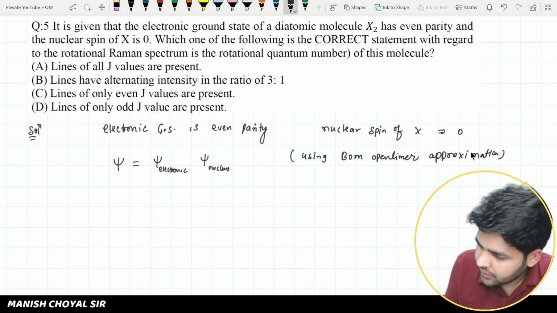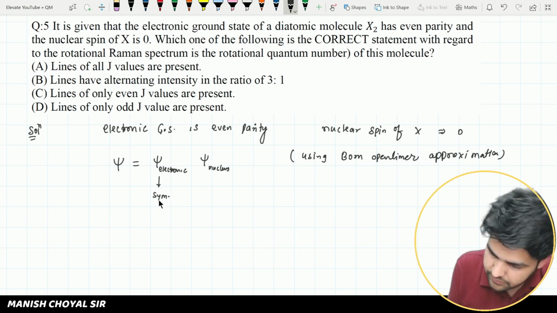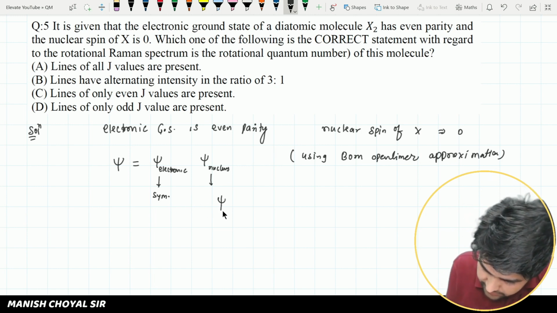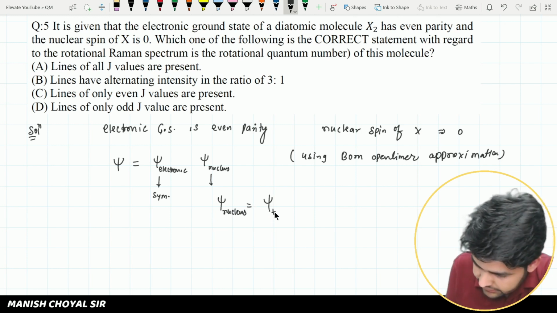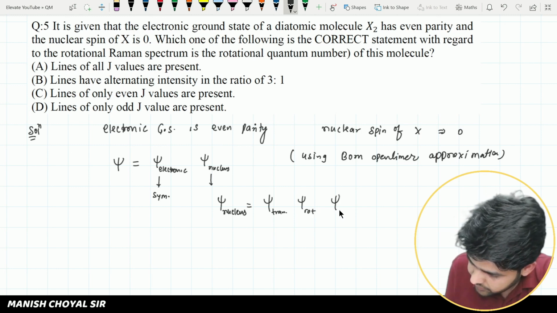Okay, so the wave function for the electronic state is symmetric, and the nucleus depends on various parameters: psi nucleus equals psi translational, psi rotational, psi vibrational, and psi nuclear spin.